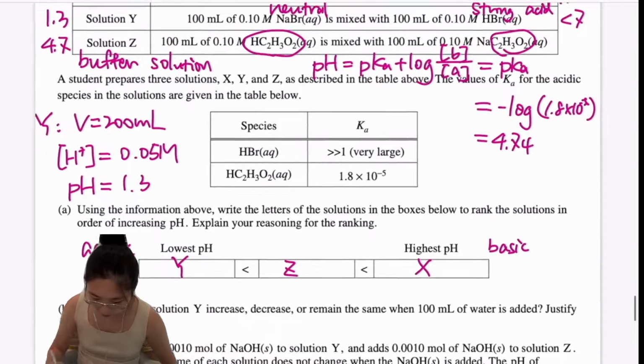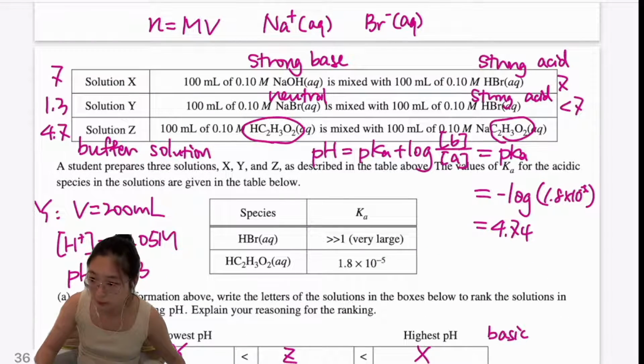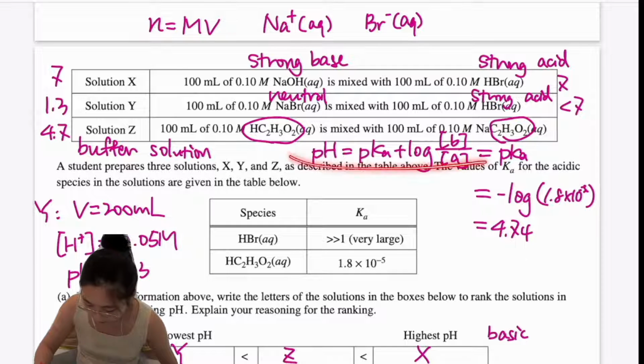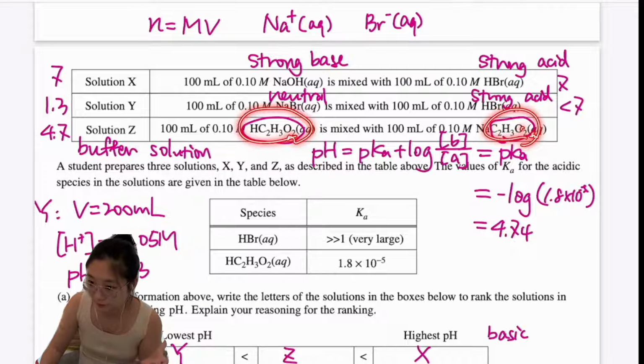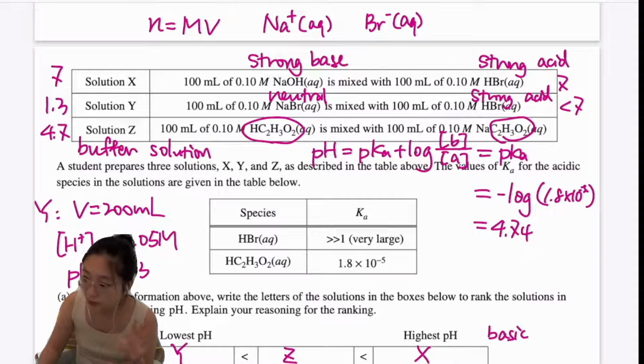So going back to solutions Y and Z, take a look at what I wrote. Solution Z is a buffer solution because it has the weak acid and its conjugate base. And what is the purpose of a buffer solution?